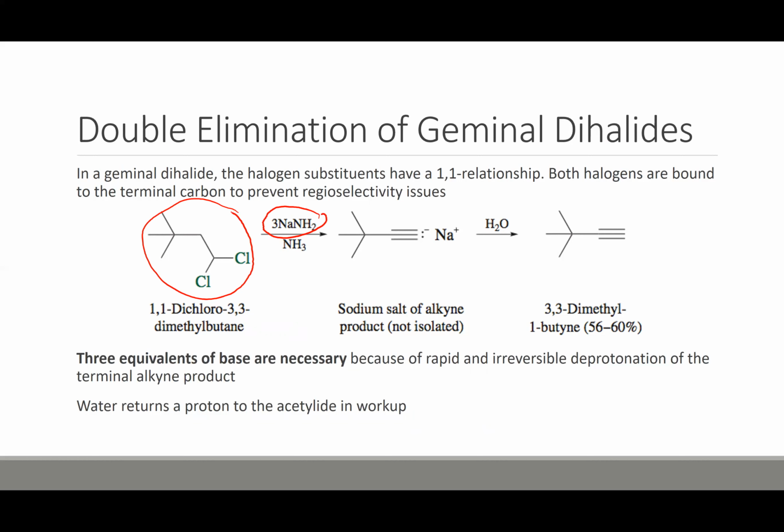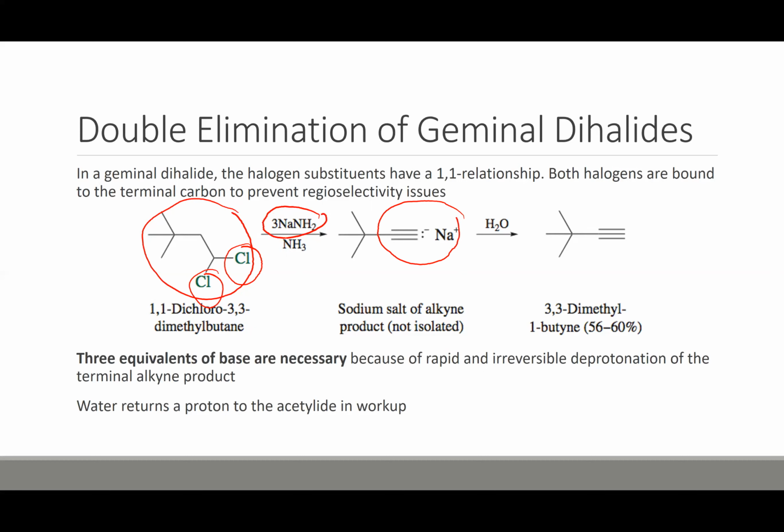Now, what's happening here is that there are 3 reactions happening with the base. The base is going to remove one chlorine, a second base will remove a second chlorine, and you've actually at this point already made your triple bond, but a third reaction will occur in which you remove the proton from the triple bond, making what we just saw, which is an acetylide ion.